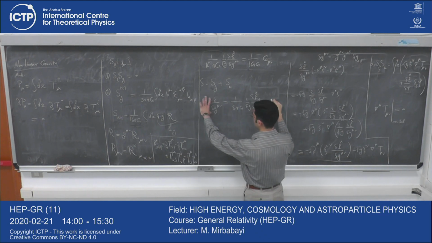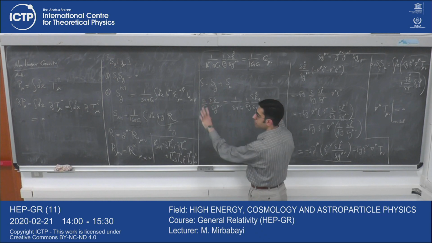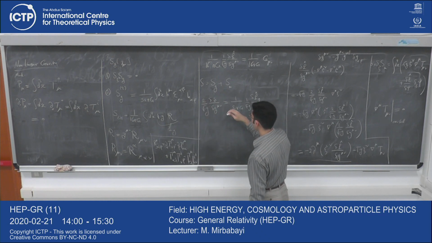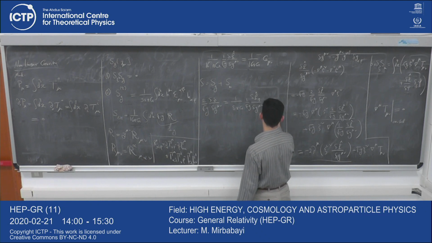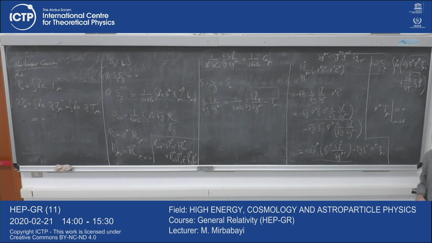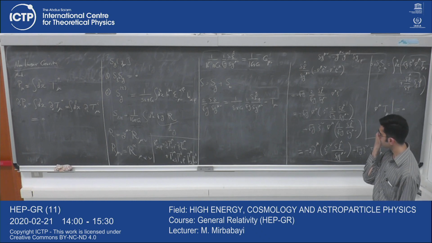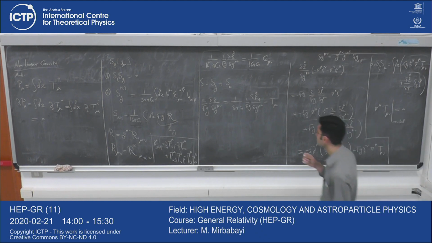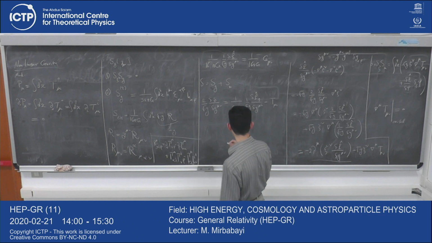This is basically how we define T mu nu, except for a minus sign, I believe. So this is minus T mu nu. And then we set it to 0.